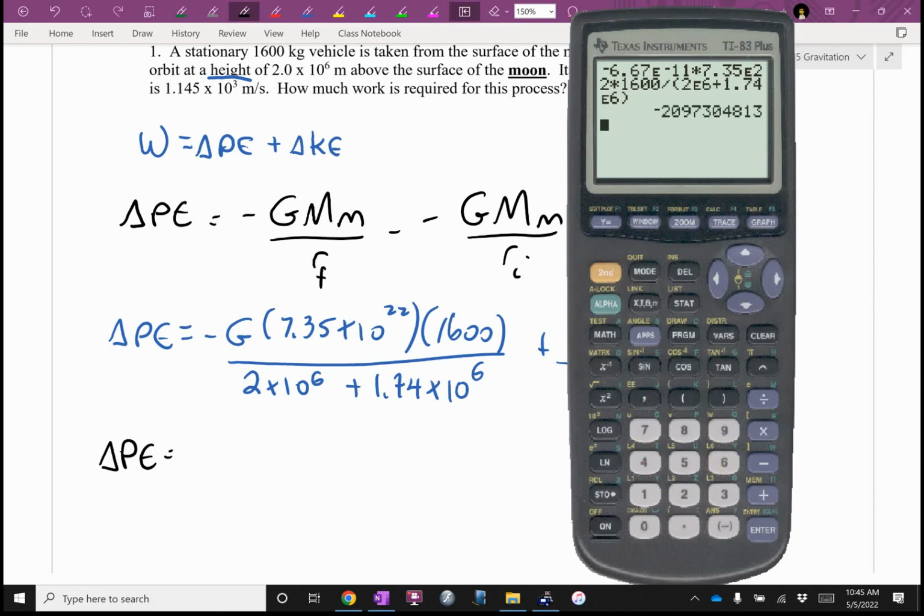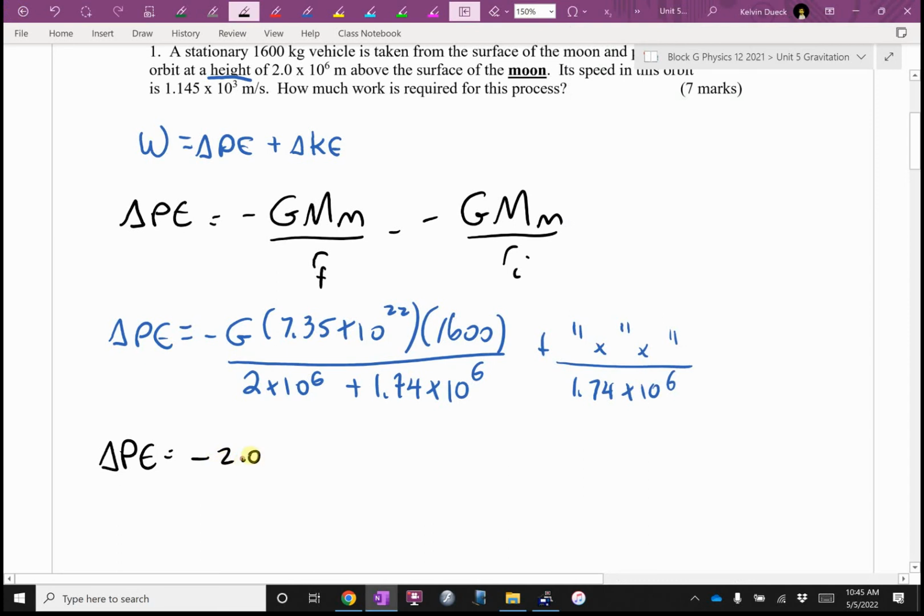For the first term, did you get negative 20? I'm going to go negative 2.0973, a good spot with a 0 to round off to, times 10 to the 9th.